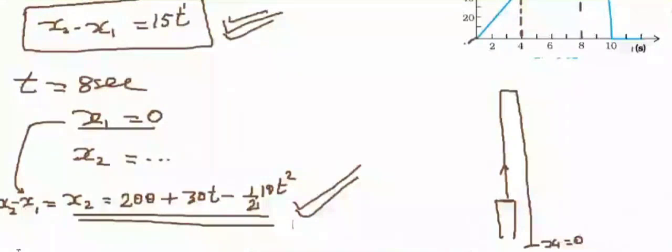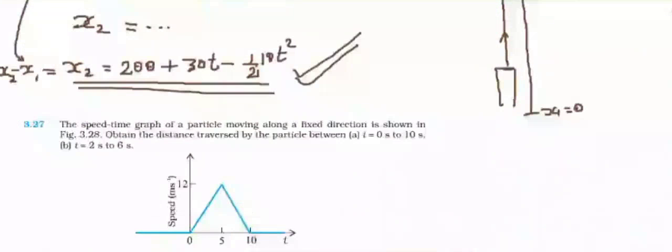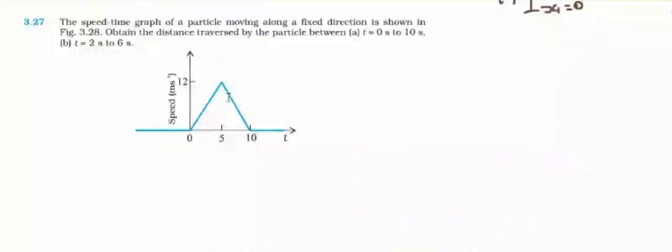Now, next question 27. Here in question 27, you have a speed time graph given, velocity time. As it is one-dimensional motion, you can see in your book in many places it is mentioned speed. You can take it as a velocity time graph. Okay.